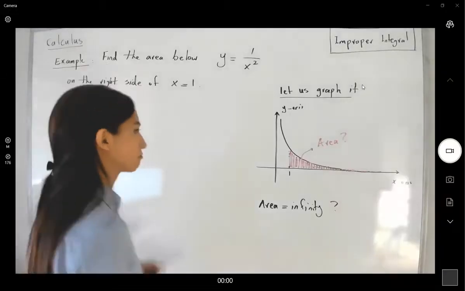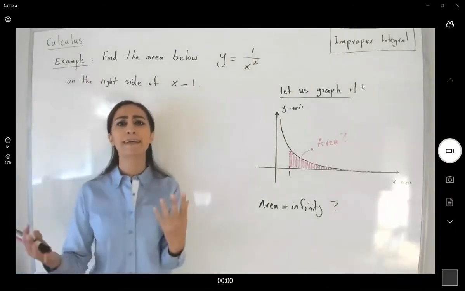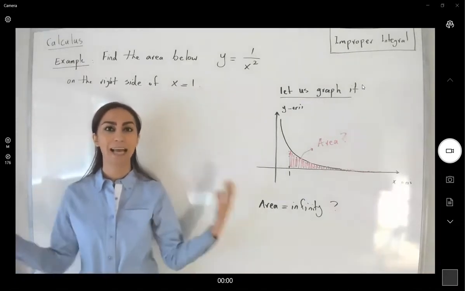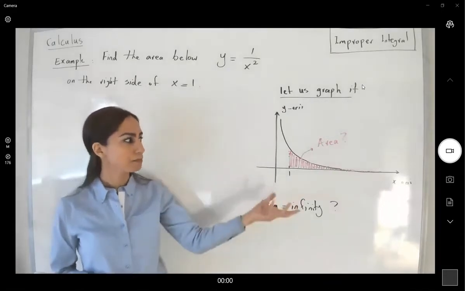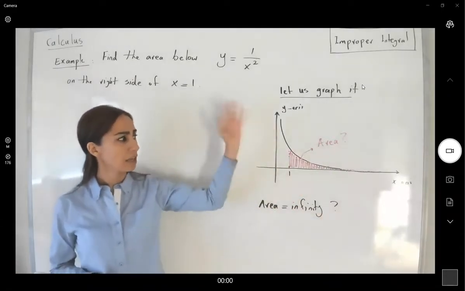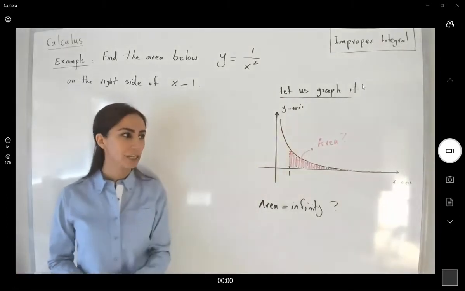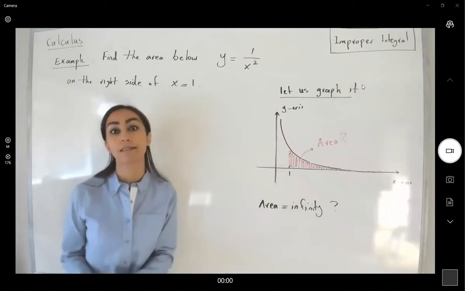Very well. So we are mathematicians. We learn about techniques of integration. Let us start calculating this integral. We're not just relying on visualization and intuition to say the area is infinity or it's not infinity.